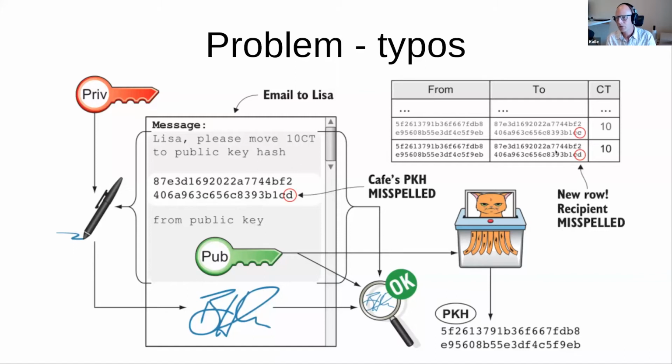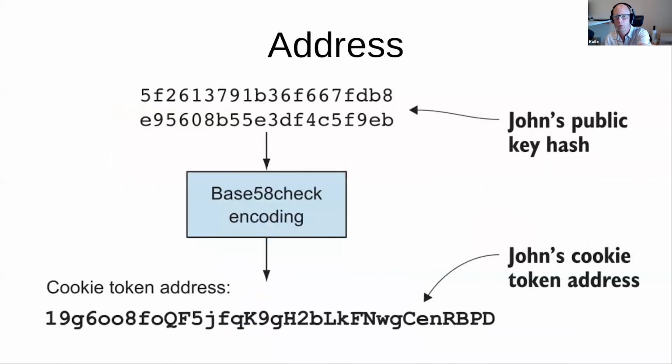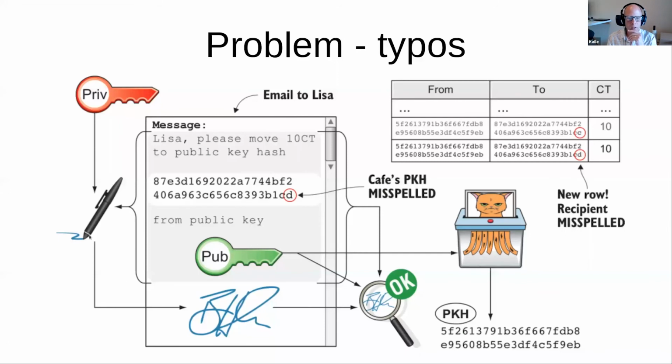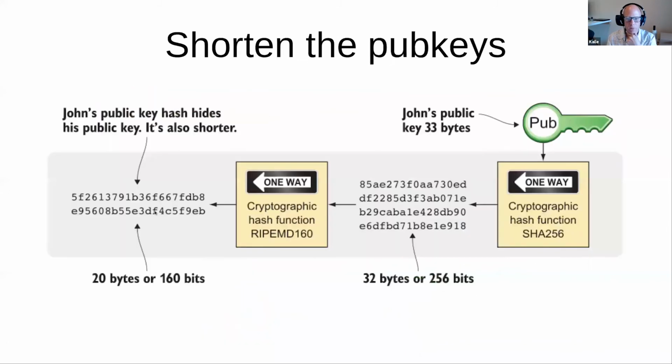If we again go back to this here, and suppose that this one here is misspelled, then there is no such public key known, at least, that corresponds to this public key hash.